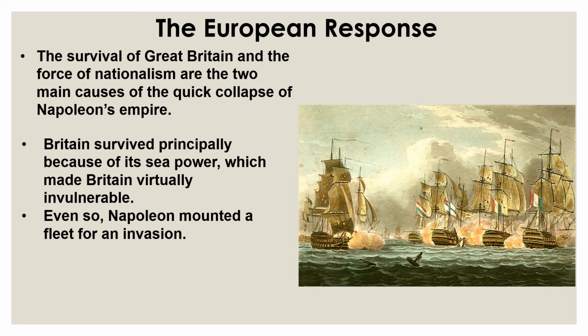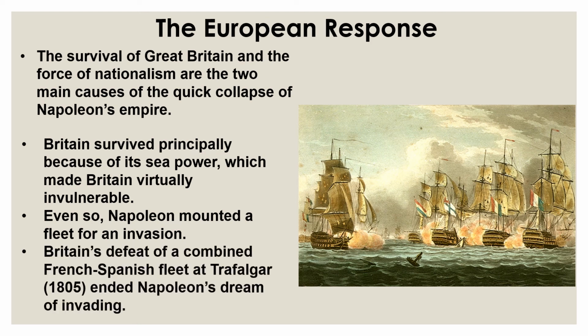Even so, Napoleon mounted a fleet for an invasion to try to invade Great Britain. This was a mistake. Britain's defeat of a combined French-Spanish fleet at Trafalgar in 1805 ended Napoleon's dream of invading Great Britain. He would have to try to hurt Great Britain in another way.